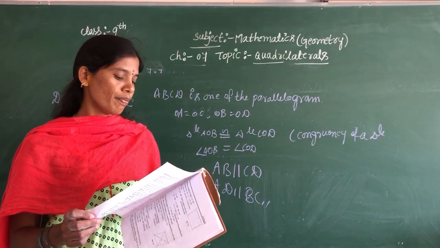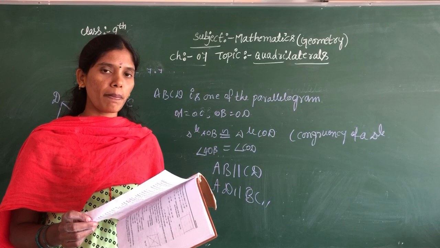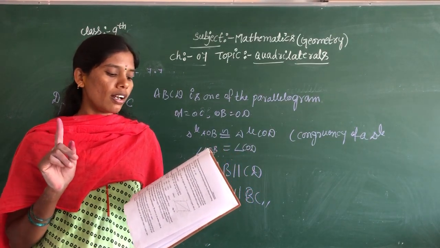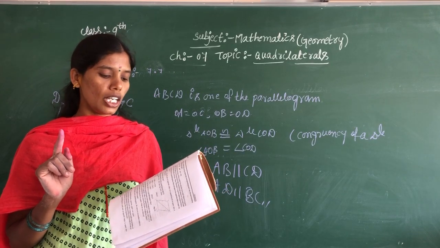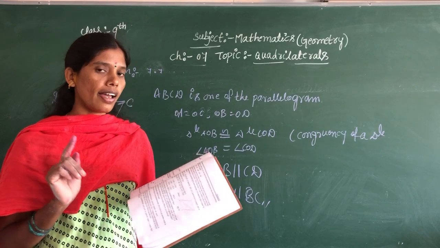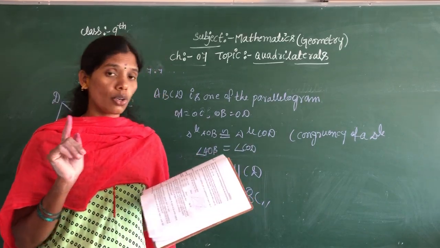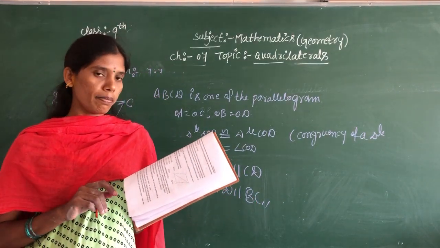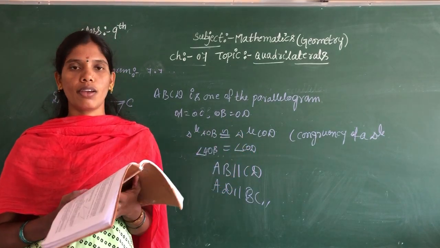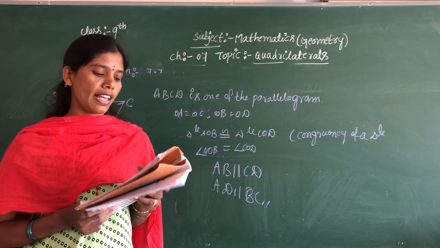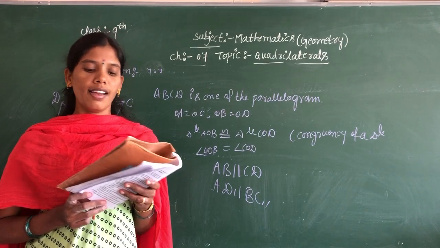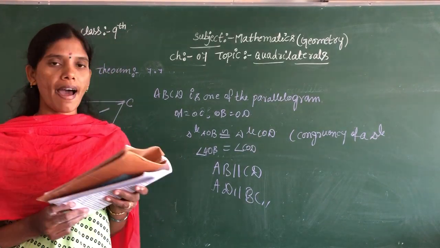So these theorems depend upon the properties of a parallelogram. First one is theorem 7.1: a diagonal of a parallelogram divides it into two congruent triangles. Congruent, you already know. In theorem 7.2, in a parallelogram, opposite sides are equal. Next theorem, if each pair of opposite sides of a quadrilateral is equal, then it is a parallelogram.